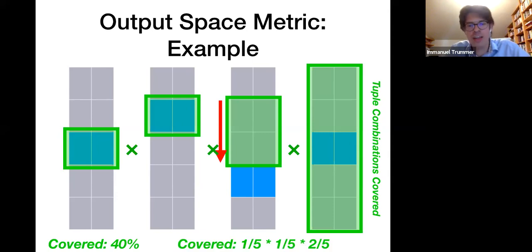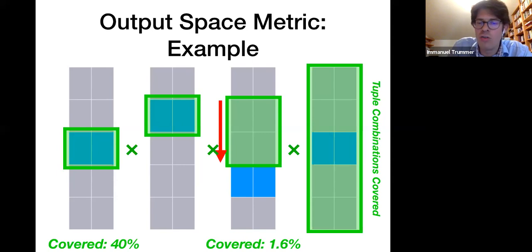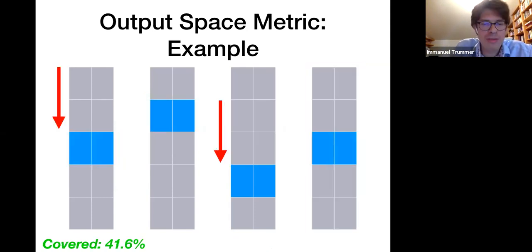Here we are counting 1 out of 5 tuples in the first table times 1 out of 5 tuples in the second table times 2 out of 5 tuples in the third table times 5 out of 5 tuples in the last table. Altogether, this corresponds to 1.6% of the total Cartesian product space that we have searched here. And counting those together, we're making 41.6% progress during the current micro episode.